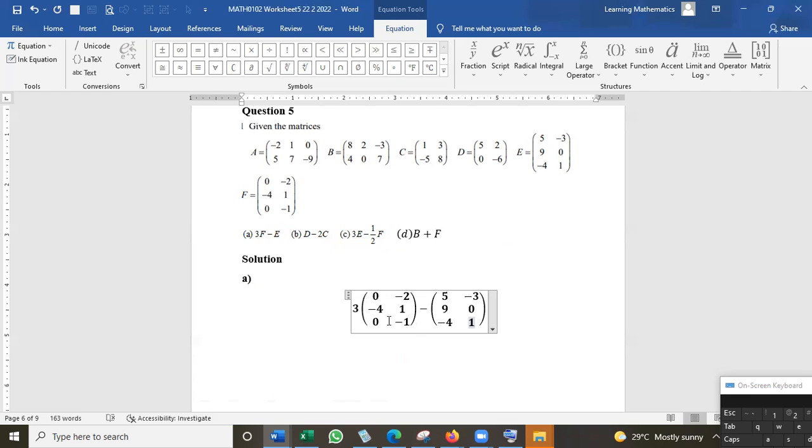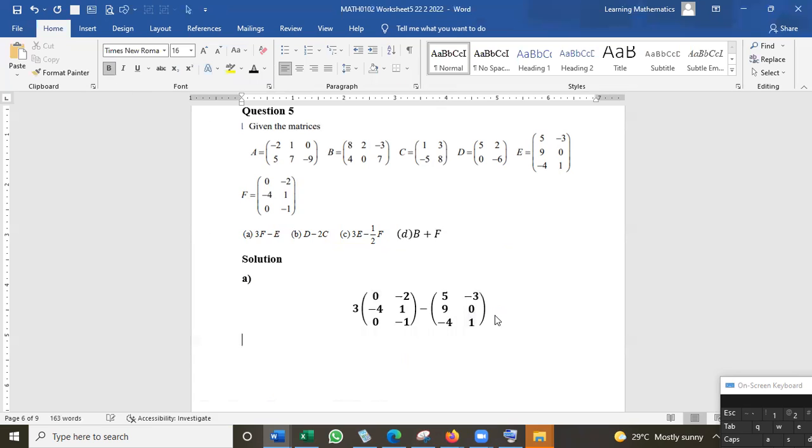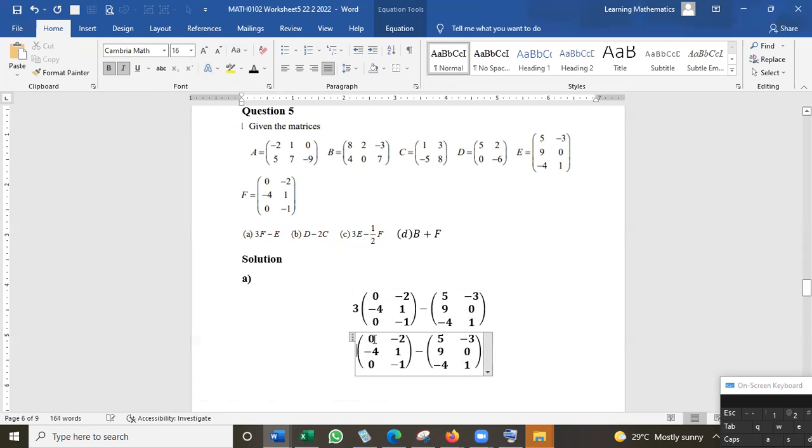All right, so I can multiply by 3 first. 3 times 0 is 0. 3 times -2 is -6. 3 times -4 is -12. 3 ones are 3. 3 times 0 is 0, and 3 times -1 is -3.